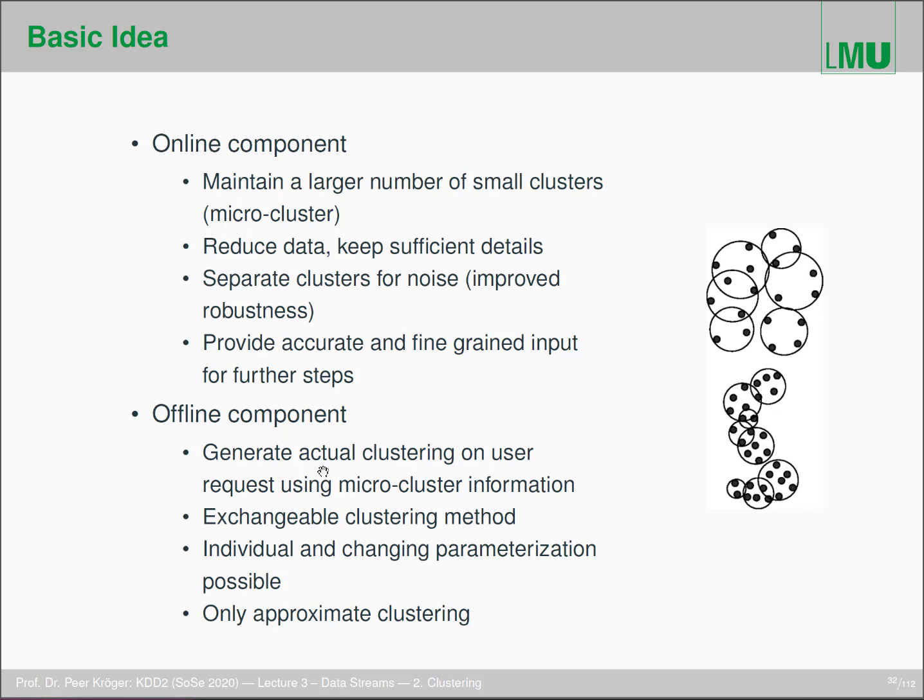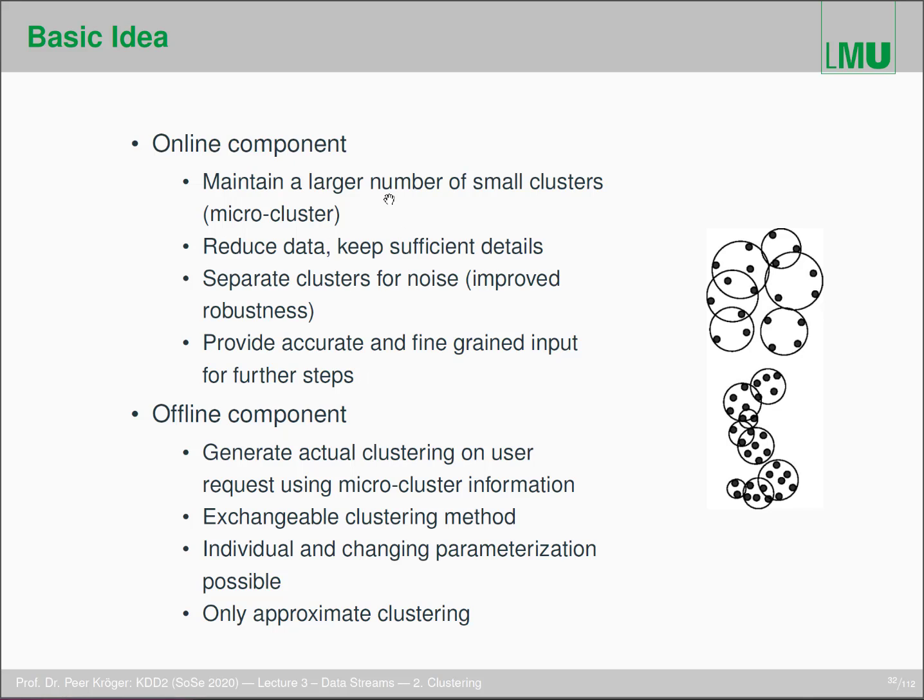And as I told you before, in the offline phase, we work on those summary structures and generate from the microcluster information a kind of macro clustering, which is probably only approximate, because we work on summarizations, on aggregations of the raw data, because we cannot access the raw data anymore.